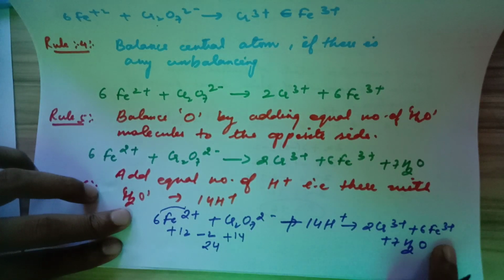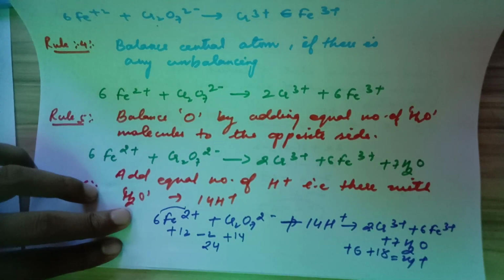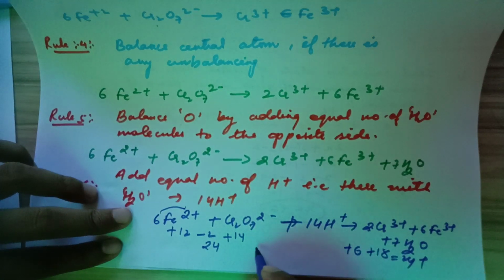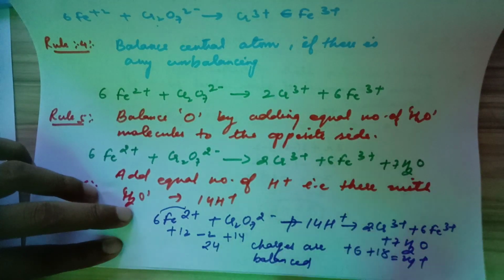Now on the right hand side, 2 3s are 6 plus and 6 3s are 18, so there is 24 plus charge. Now since left hand side and right hand side charges are balanced, the given equation is balanced. Here charges are balanced, all the atoms are balanced, so the given equation is balanced.